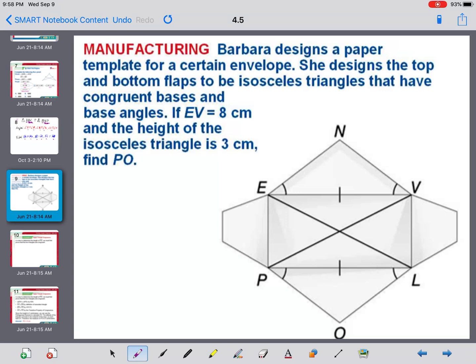So we've got this little problem. It's pretty interesting in a way. I guess it's not phenomenally interesting, but it's kind of interesting because you've got an envelope that's been unfolded or not folded yet. It's kind of like, how do you take a piece of paper and make an envelope?